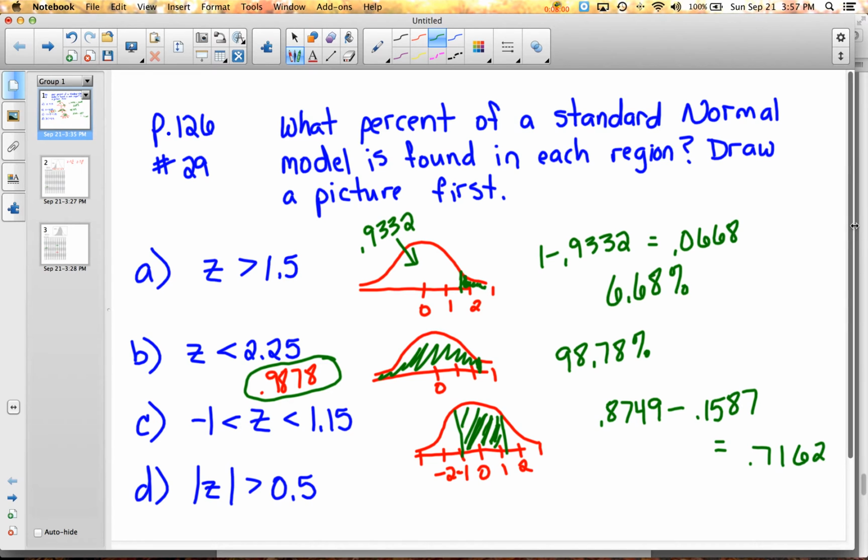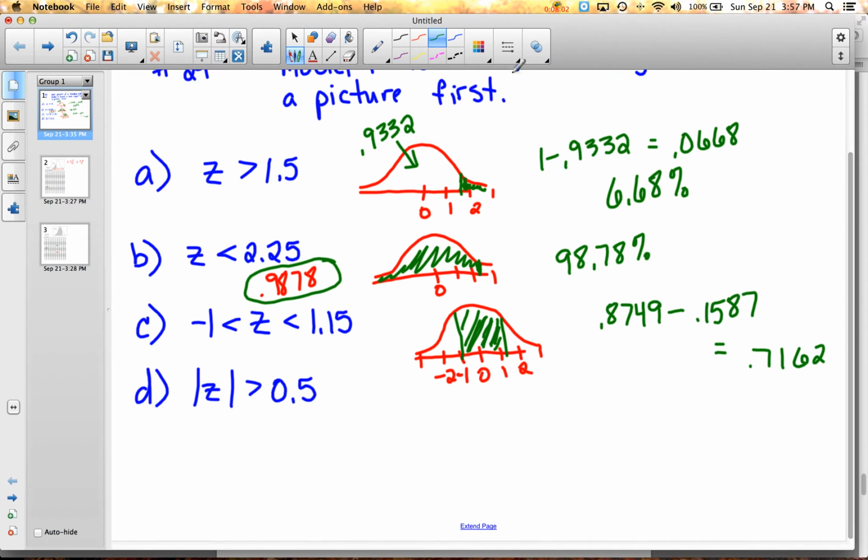Okay, for our next one, again, we're going to start with a picture. And I'm going to label this with 3 standard deviations each direction.